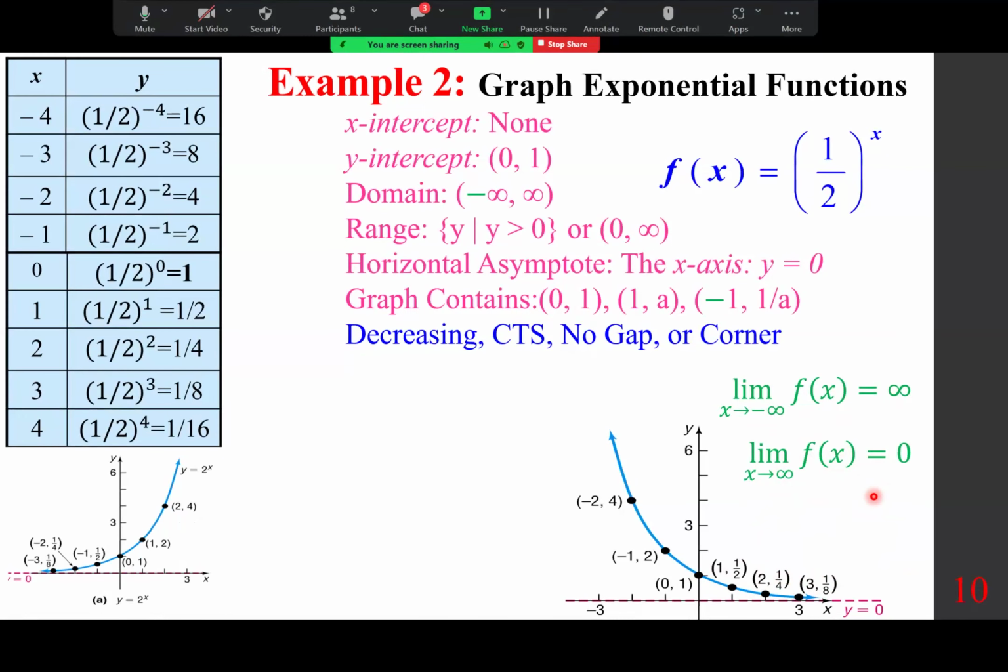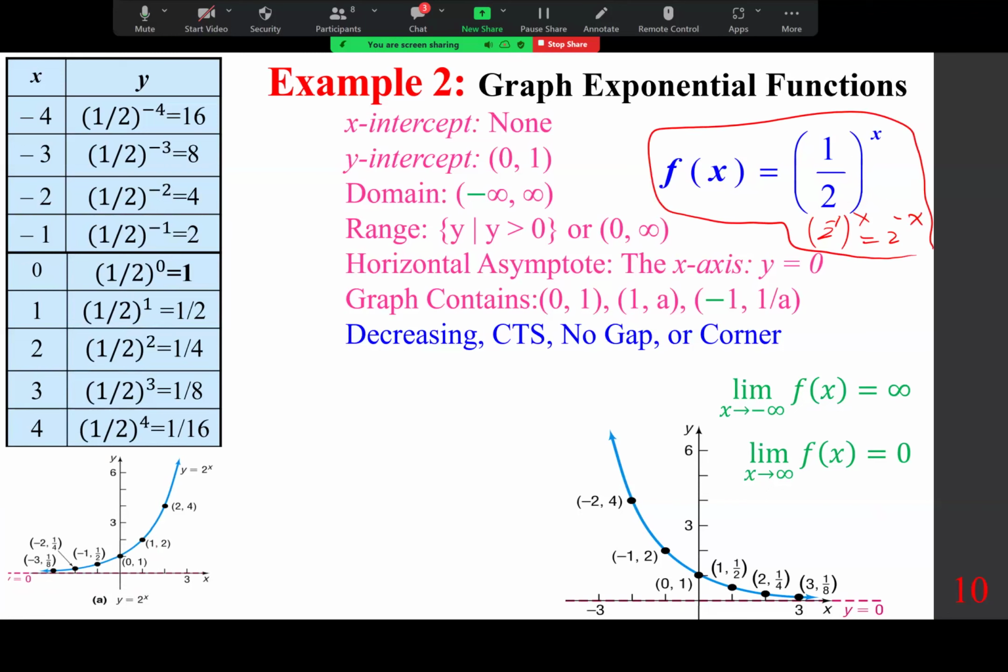All right, we can do transformation. Let's go from y equals 2 to the power of x to 1/2 to the power of x, where 1/2 to the power of x is the same as 2 to the power of minus 1 to the power of x, which is the same as 2 to the power of minus x.